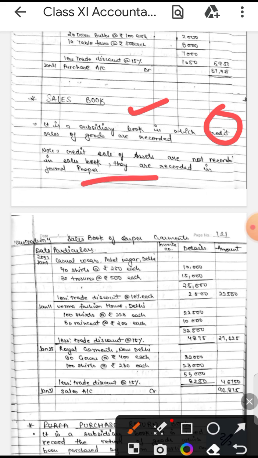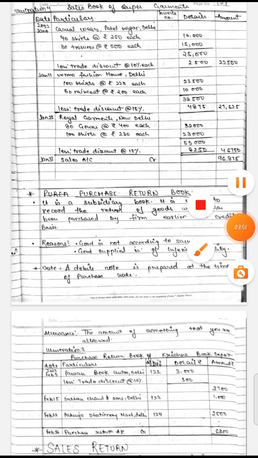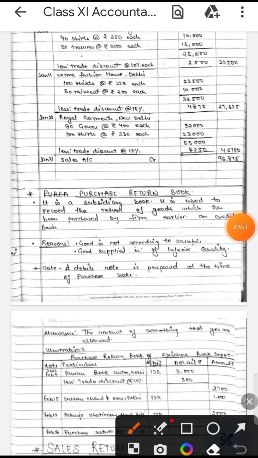Nothing is included in the subsidiary books on a cash basis, non-cash basis. Then we have to record the items in general proper, like the opening entry, the adjustment entries, the closing entries, etc. Same as it is, we have to do the transaction.